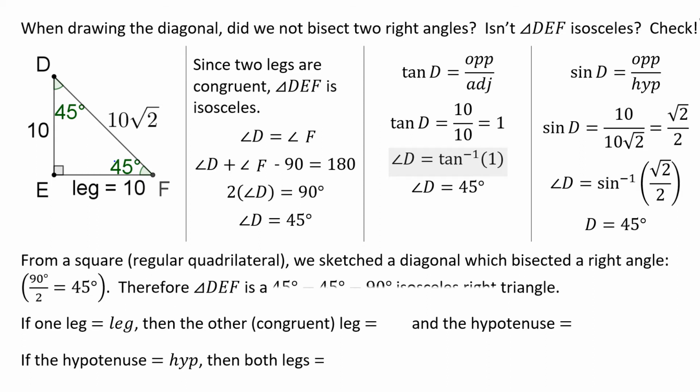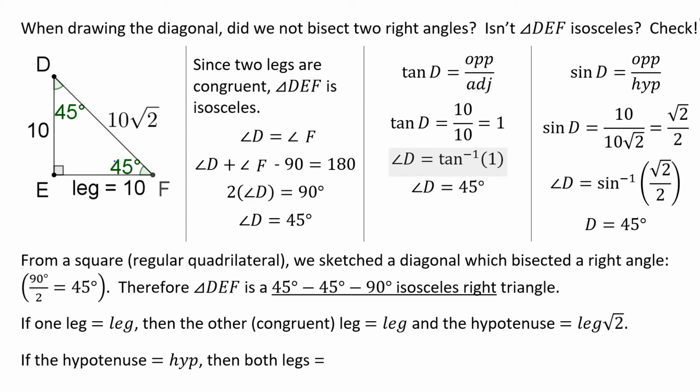So what we're looking at here is a 45-45-90 triangle. It's also known as an isosceles right triangle. And the pattern with leg lengths is that if one of your legs is equal to, let's just call it leg, then the other leg has to be the same in this triangle because they're congruent. And the hypotenuse is going to be whatever that leg equals times radical 2.